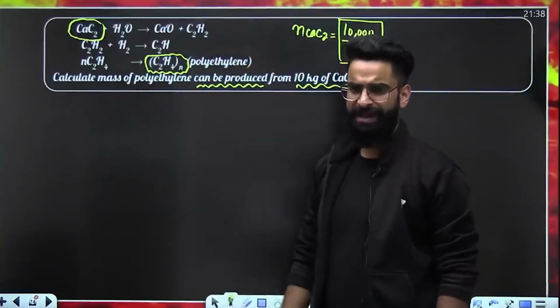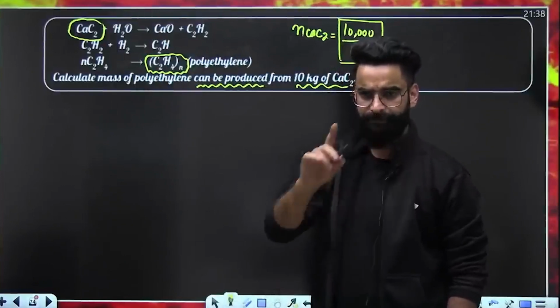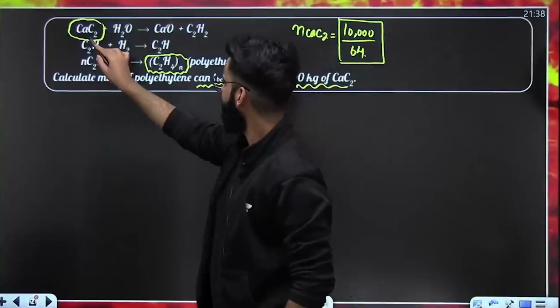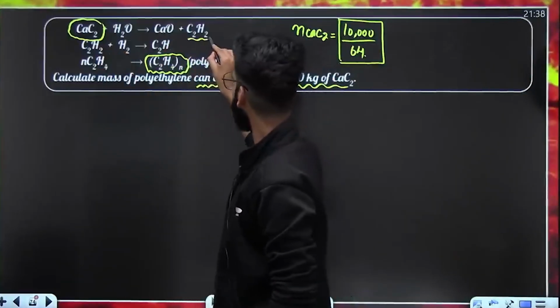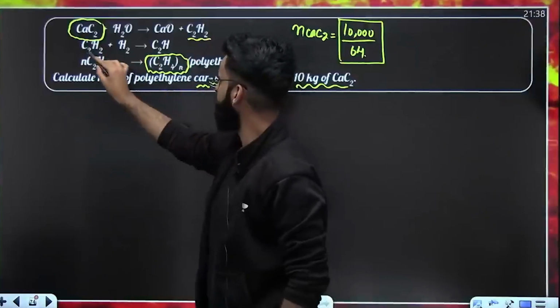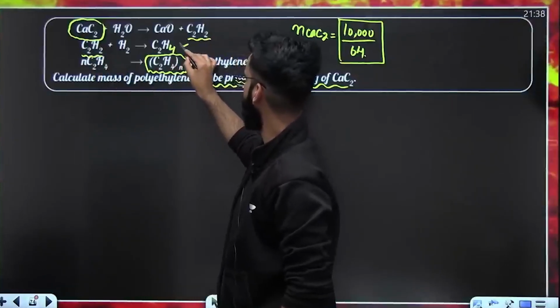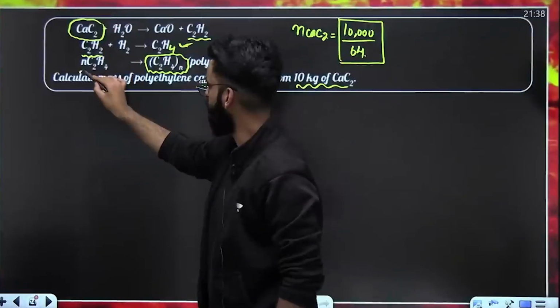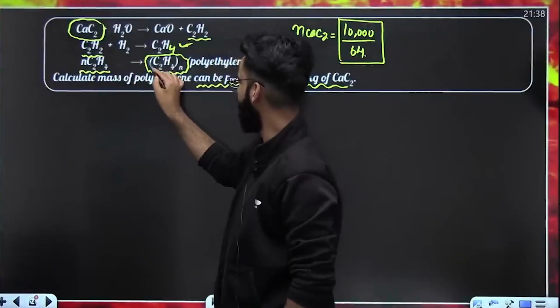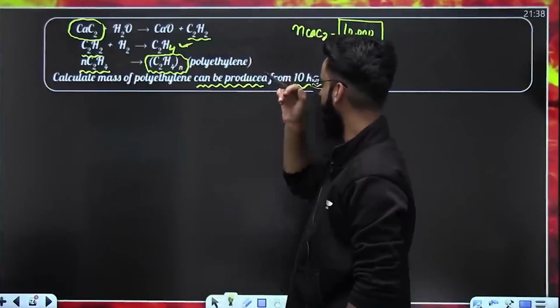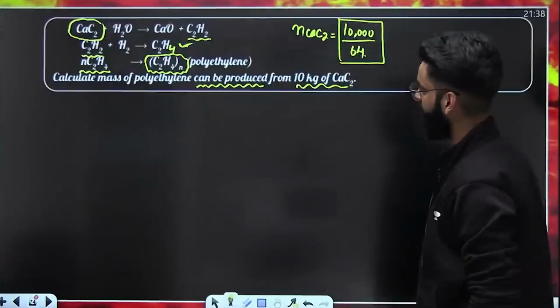Right? Now, as you can see, CaC2 is forming C2H2. And whatever C2H2 is being formed in the first reaction, it's forming C2H4 in the second, and that C2H4 is consumed here, and at the end, polyethylene. We need to calculate the mass of polyethylene.